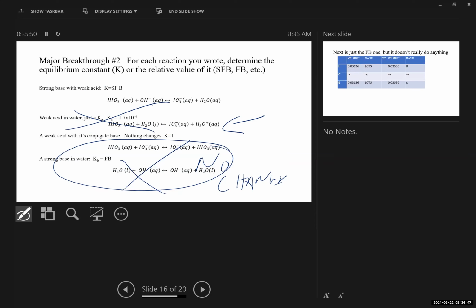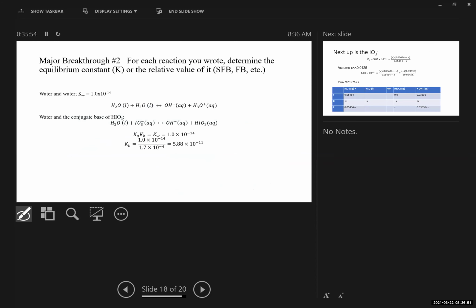And so I'm actually down to my two little reactions. The Kb of iodate is 10 to the minus 11, and then there's good old Kw at the back end if I care. So again, the second reaction always starts where the first one ended.